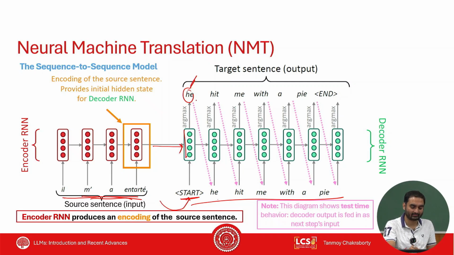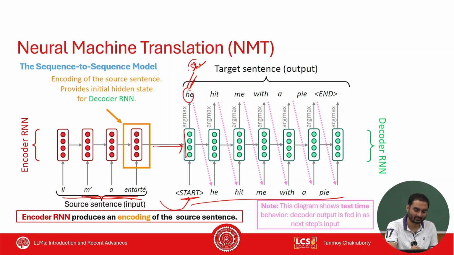Now you pass this he to the next hidden state, it will generate something. Last day I mentioned something called teacher forcing, right? What is the teacher forcing? In teacher forcing, instead of feeding he, let's say here the model generates C. So ideally I should feed C, and then I will see what the next word is going to be, right? This is a normal process, but in teacher forcing, I will feed the actual input, right?